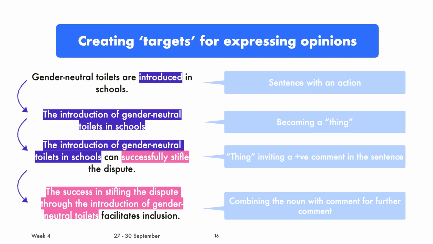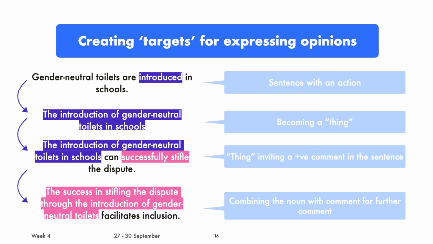Okay, so with the new noun phrase, with a nominalization, you can create a new sentence such as: the introduction of gender-neutral toilets in schools can successfully stifle the dispute. Okay, so this topic about introducing gender-neutral toilets invites a comment, that being successfully stifling the dispute.